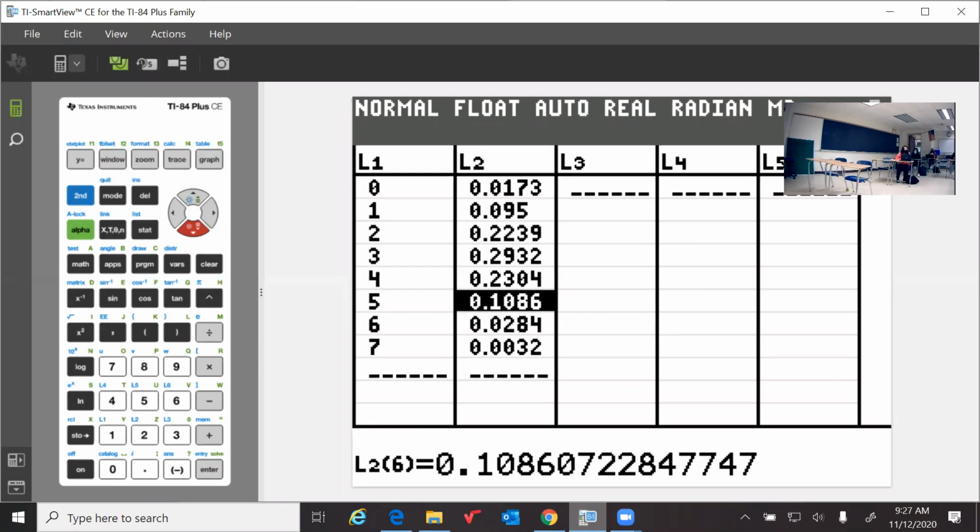We want the sum of these 3. But we know the sum of the whole list is 1. So if we do binomial CD, it'll give us the answer up to 4. Subtracting these values from 1 would give us the sum of those 3. Okay?